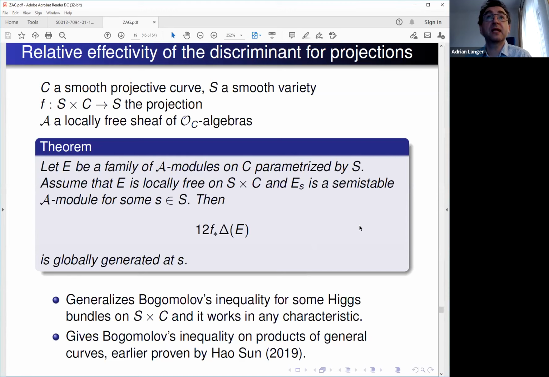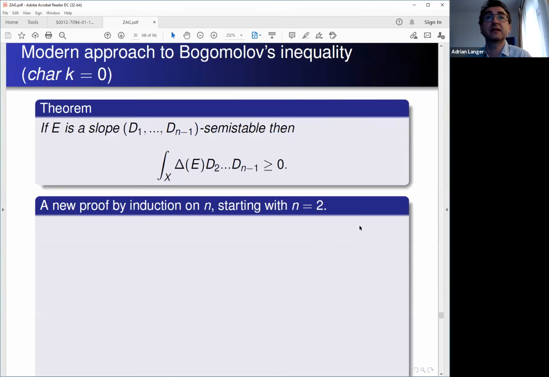Okay, so now I'm going to go to some proofs of a little bit different things. So I would like to explain a modern approach to Bogomolov's inequality. So I started with this inequality in case of one polarization, and then I mentioned that one can define slope semistability with respect to any collection of nef divisors.